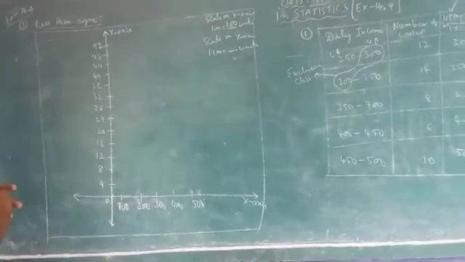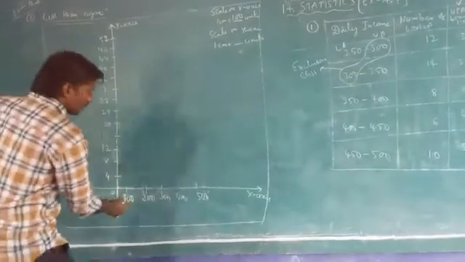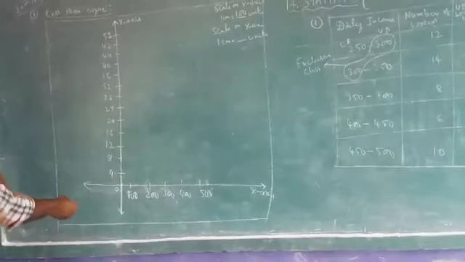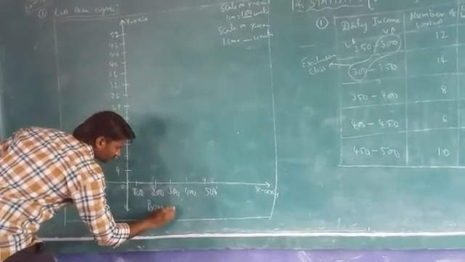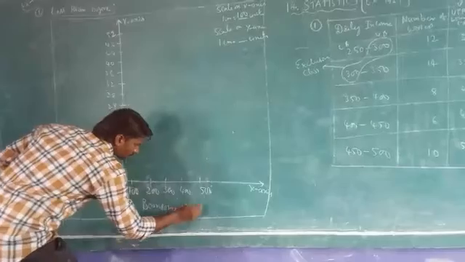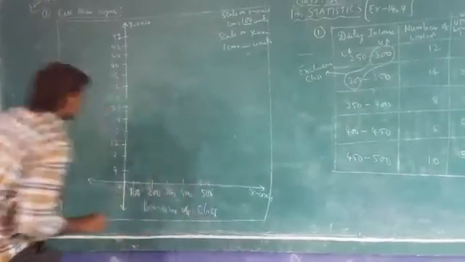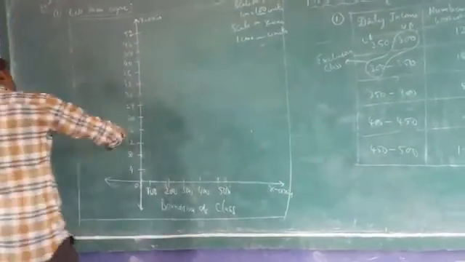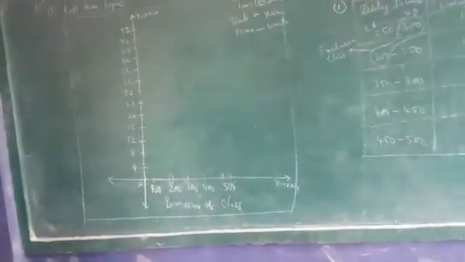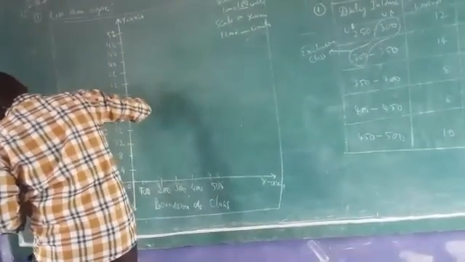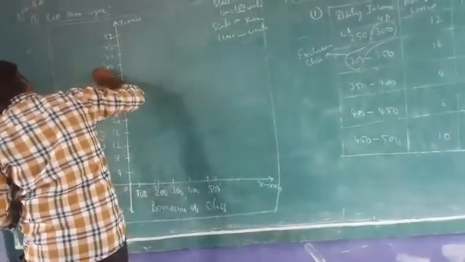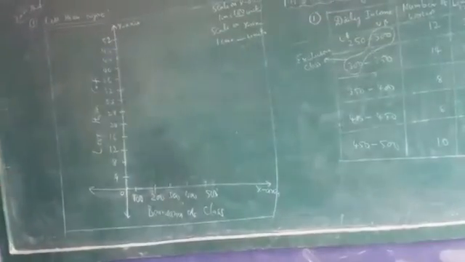First one is 300, 12. So these are the upper boundaries of the classes. And these are the less than cumulative frequencies. Let us plot.